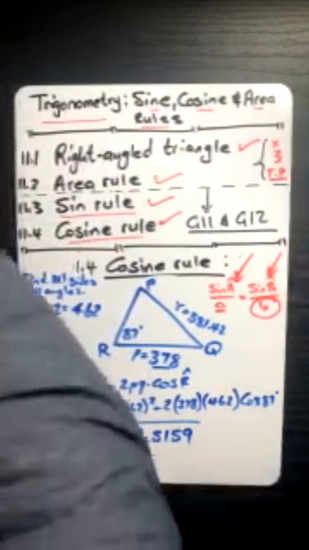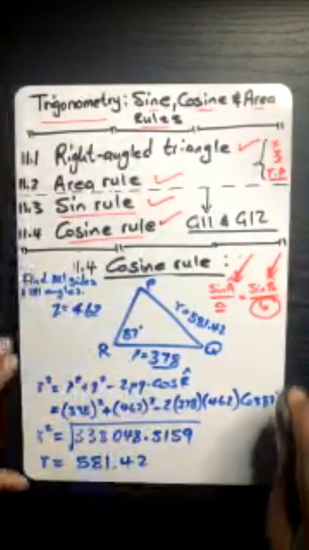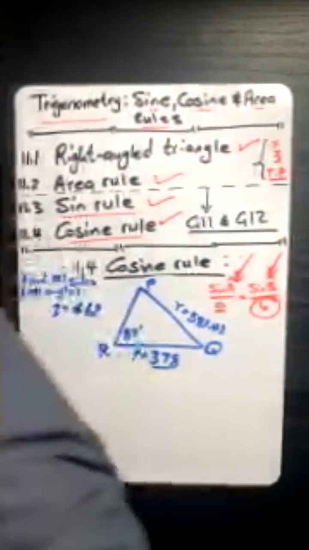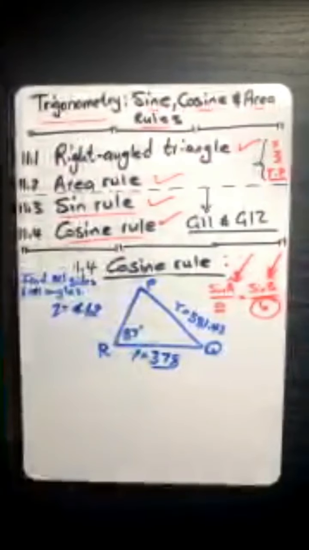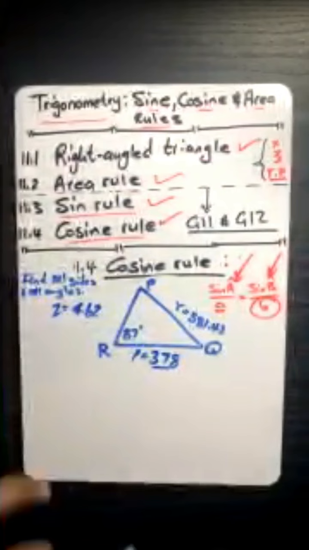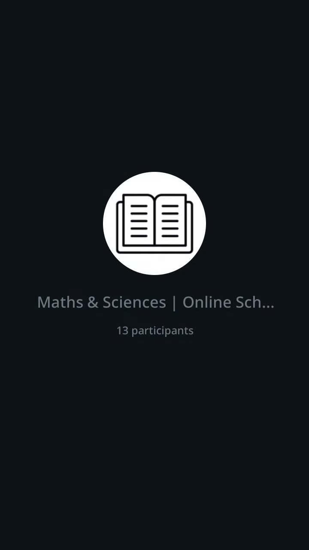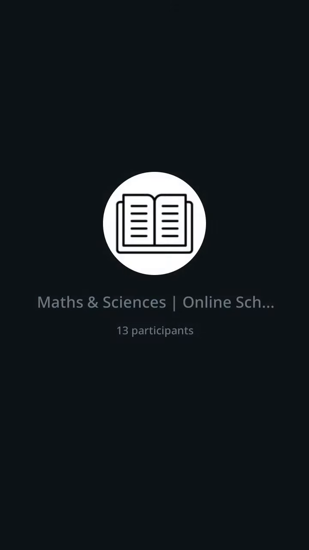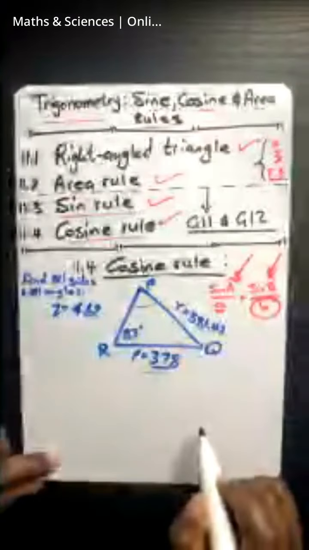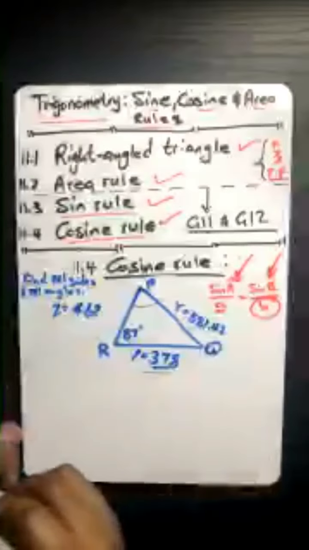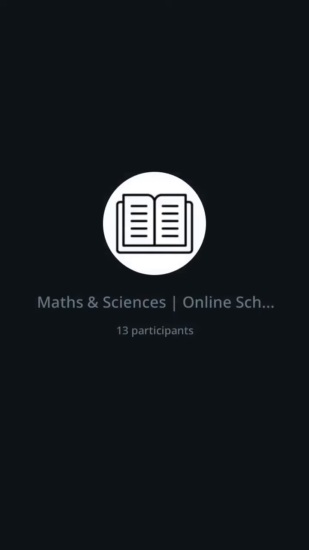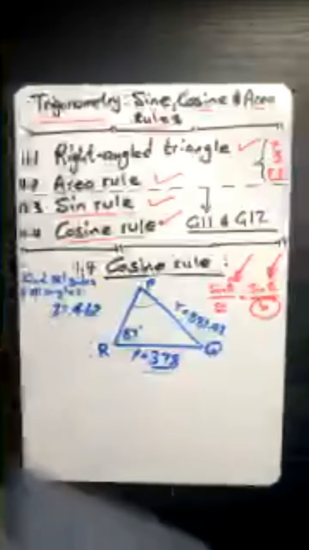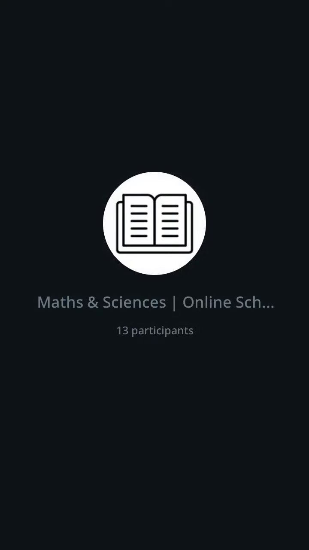Now remember, the question said calculate or find all the sides and all the angles. We have the side, we have the angle, and we can try to calculate maybe that angle. Can we not just use the sine rule? I think we can.